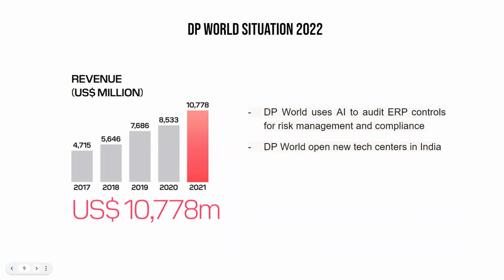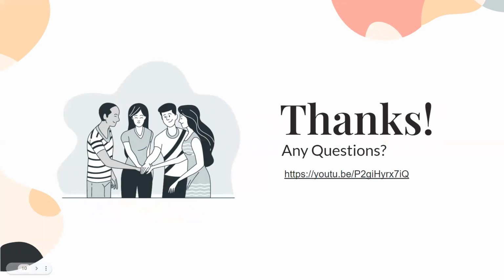And also in the situation, DP World uses AI to audit ERP controls for risk management and compliance. And also DP World opened a new tech center in India. I think that's all from our presentation. Wassalamualaikum warahmatullahi wabarakatuh.